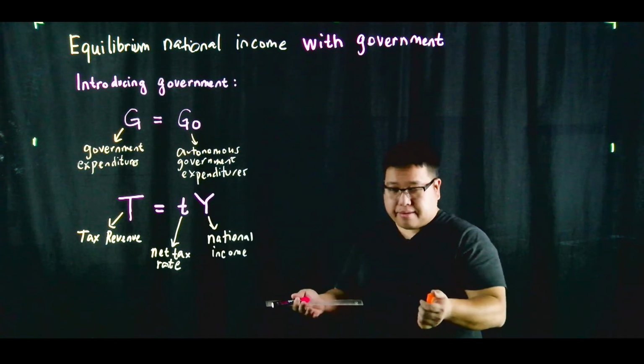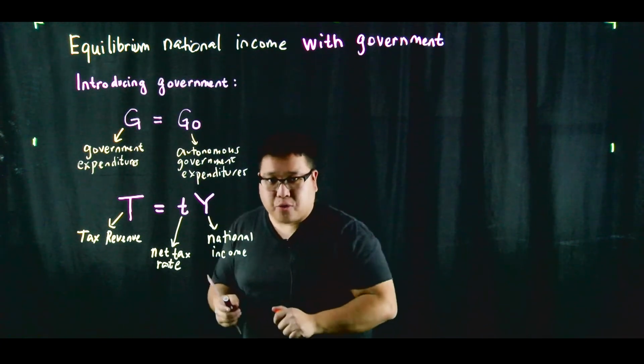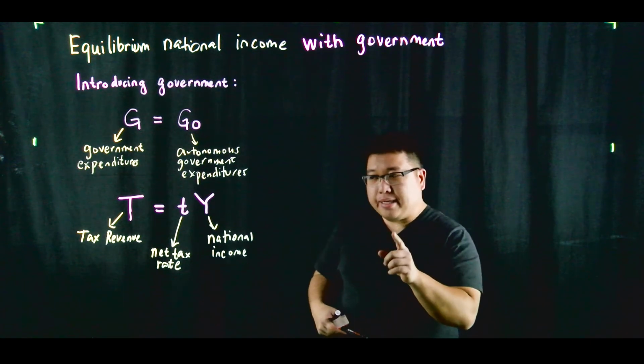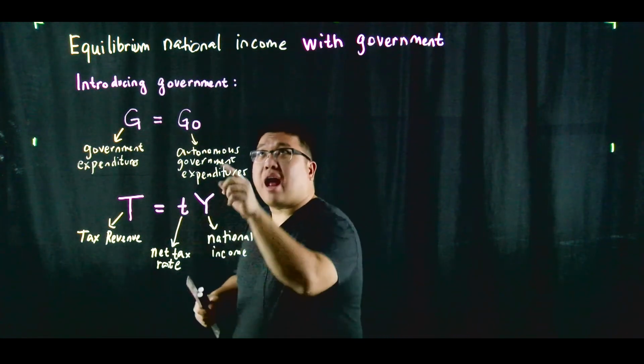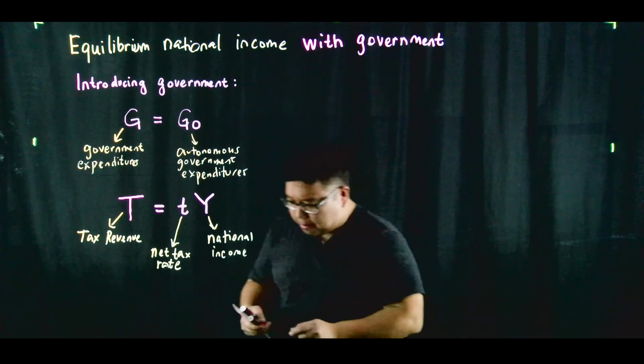Taxes are collected by the government from the income of households in the economy, which means that having government in our model will impact our definition of disposable income.